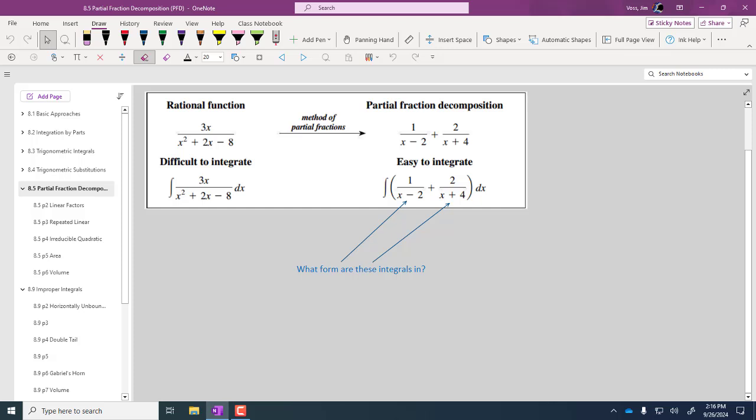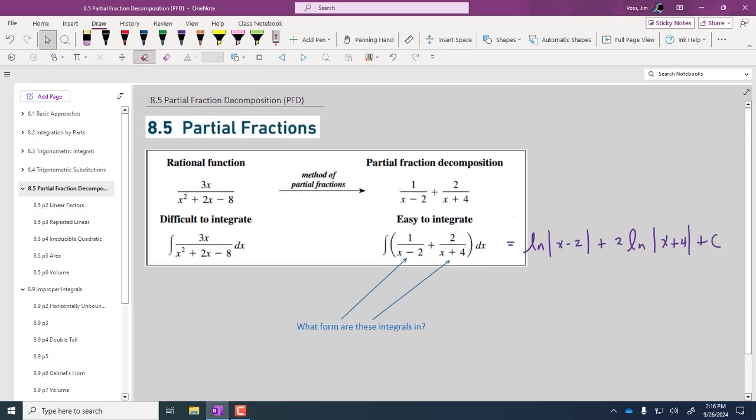I think it's pretty obvious that if you were integrating both of these forms, the integral of the form on the right is way easier. Those are logs. We can evaluate those super easily right here. This is just going to be the natural log of the absolute value of x minus 2 plus 2 times the natural log of the absolute value of x plus 4 plus c.